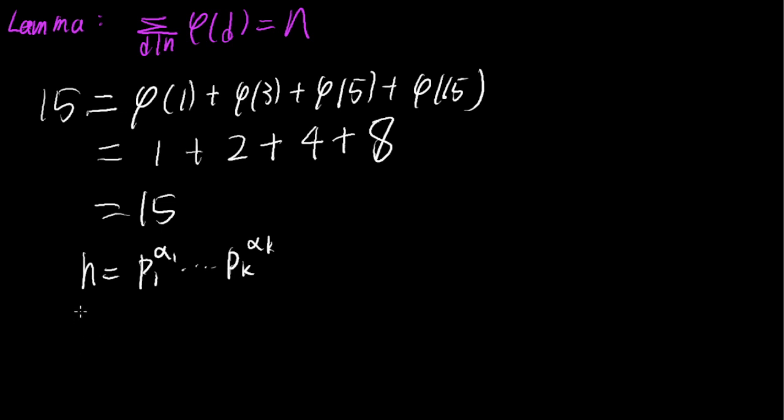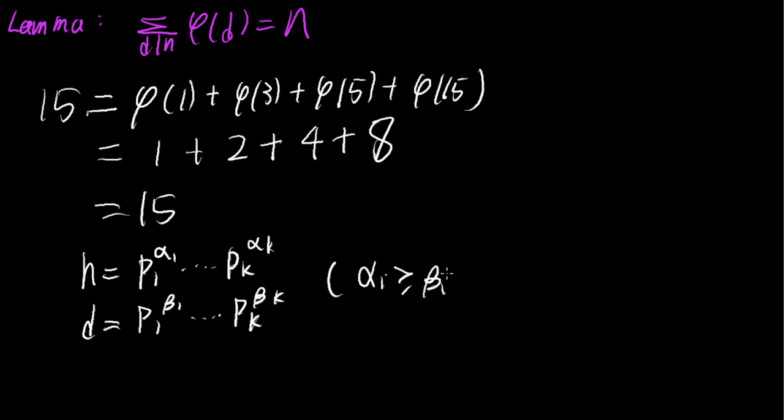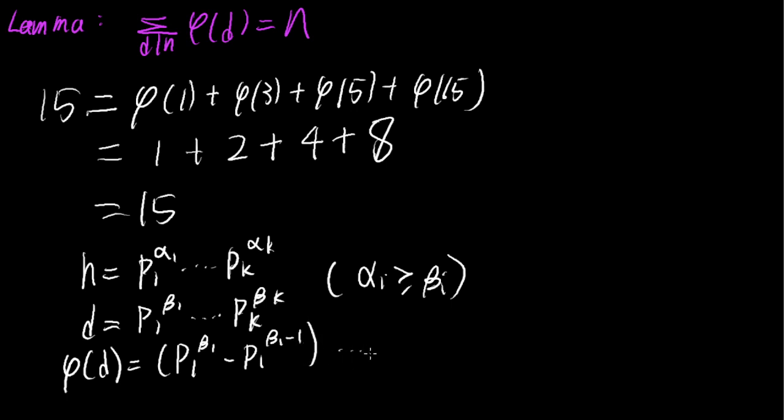And for a divisor d, if d is p1 to the beta 1 up to pk to the beta k, where each alpha i is greater than or equal to beta i, we can write phi d as p1 to the beta 1 times 1 minus 1 over p1, up to pk to the beta k times 1 minus 1 over pk, as our general formula tells us.